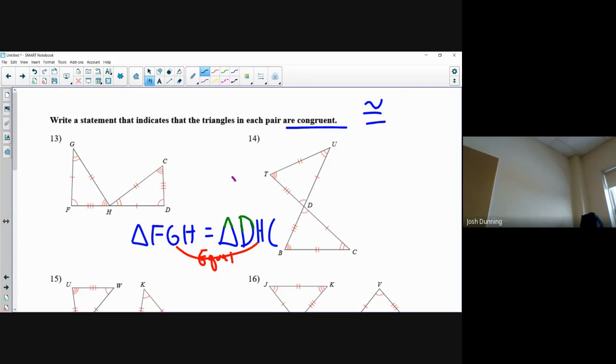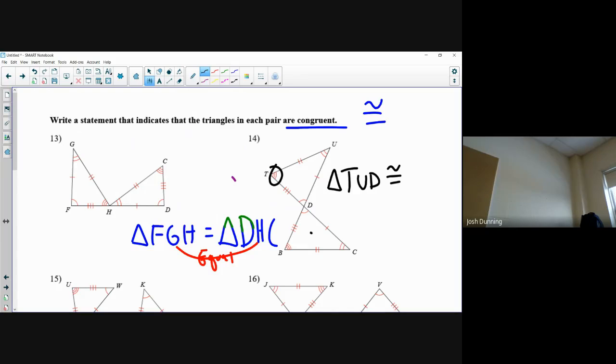So on 14, let's do the top triangle first. You could do any letter you want first. Let's say you pick T first. Triangle T, maybe you want to spell Tud. There you go, Tud. Is congruent, meaning everything's exactly the same. Now on my bottom triangle here, I started with T on the top. It has 3.